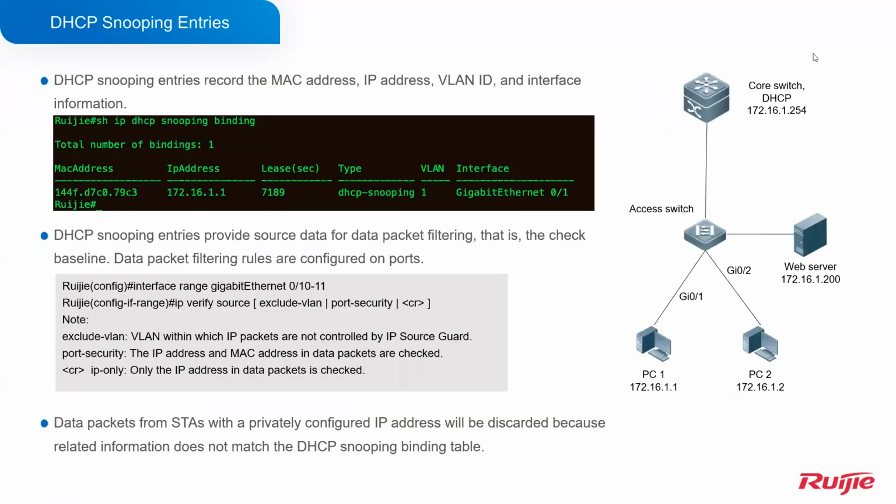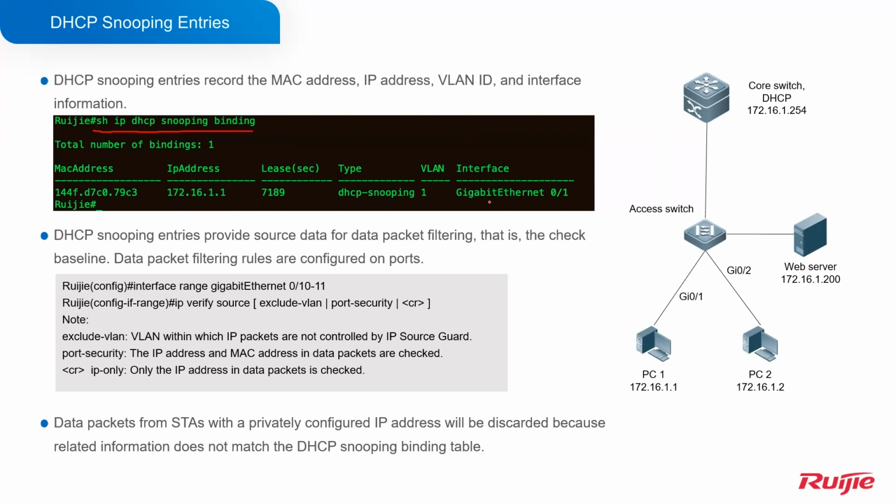When we use IP source guard, we can use some parameters from DHCP snooping. DHCP snooping entries record the MAC address, IP address, VLAN ID, and interface information, which you can see in this figure. By using the command show ip dhcp snooping binding, you can see the MAC address, the related IP, the type, VLAN, and interface.